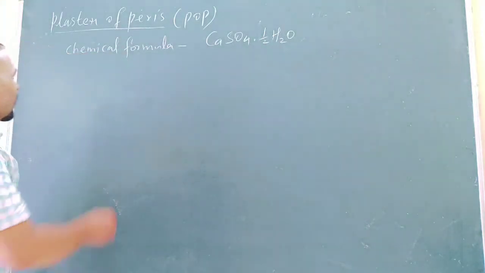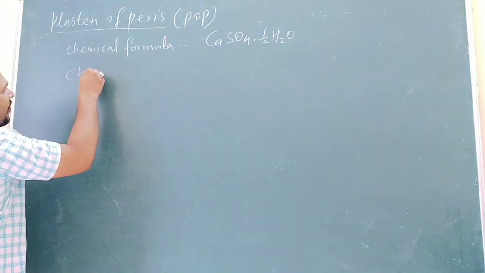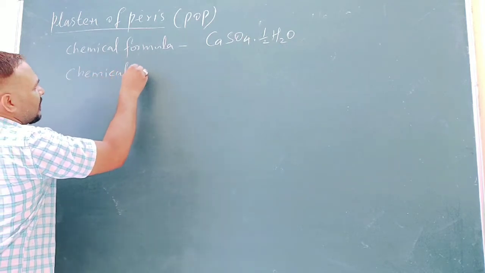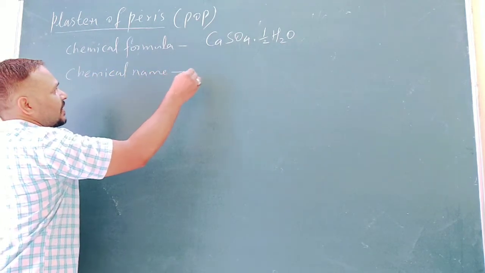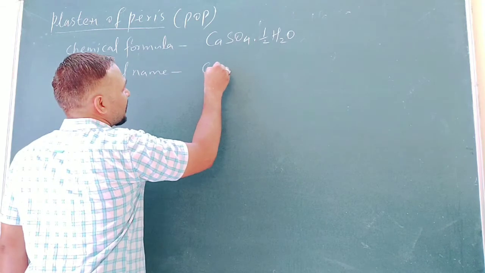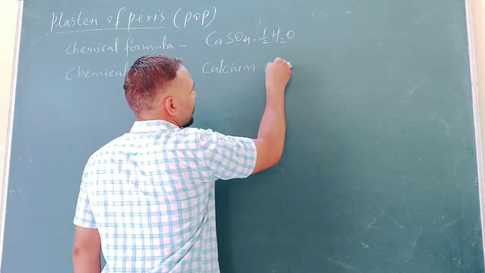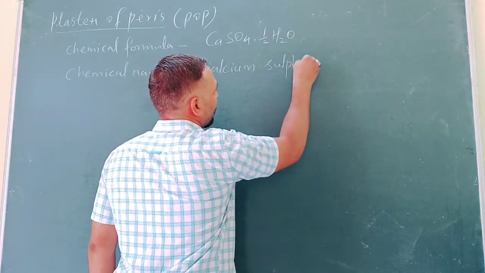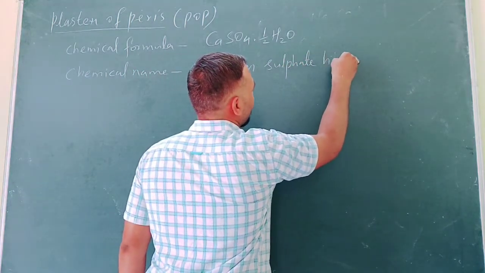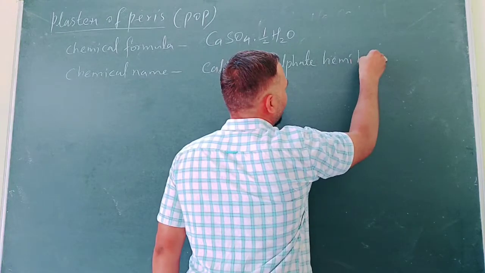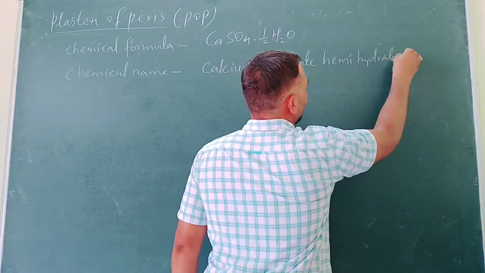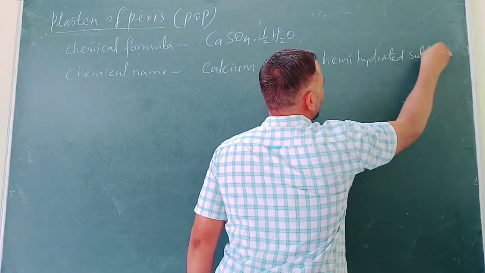Now, what is the chemical name? The chemical name is calcium sulfate hemihydrate salt.